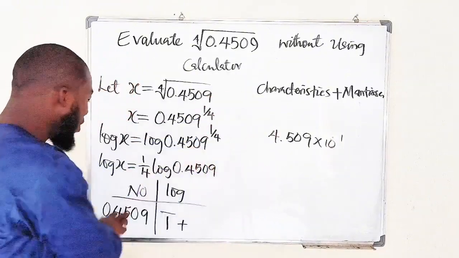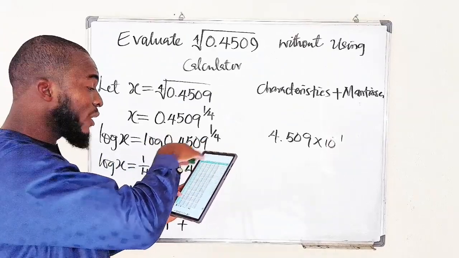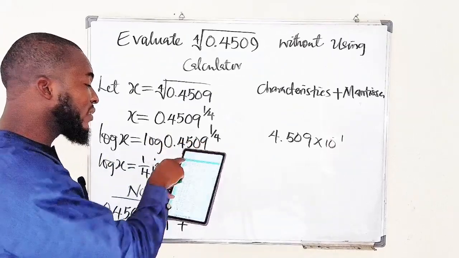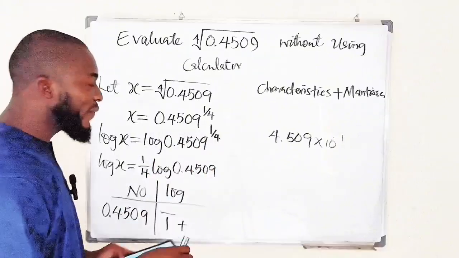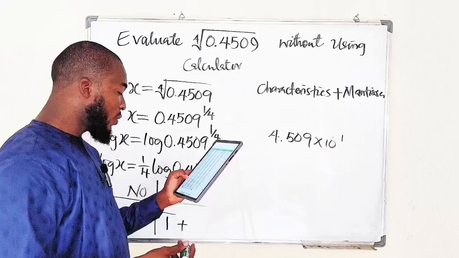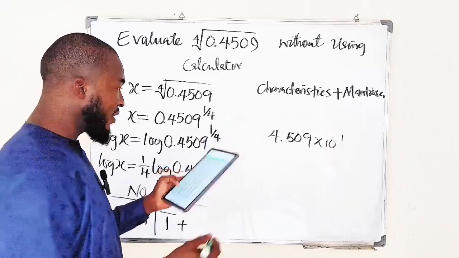The first one is the first 2 numbers you are looking for. Then the second one is the logarithm table, where you see numbers from the top, 0 to 9. So we are going to locate 0. So what is that value under 0? We have 0.6532. Let me write it.